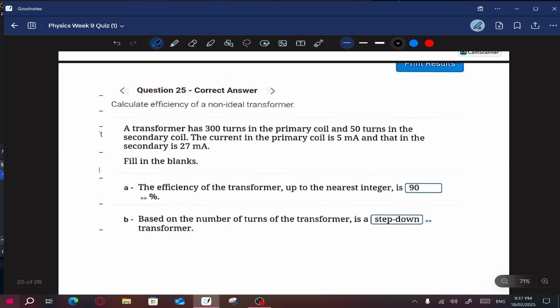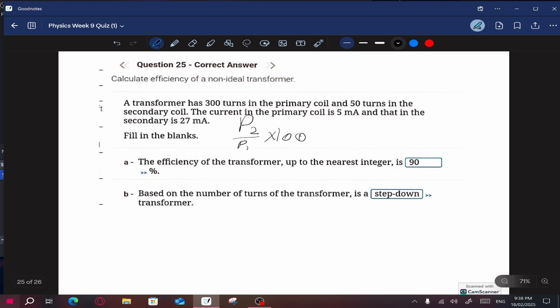Now, a transformer has 300 turns in the primary coil and 50 turns in the secondary coil. The current in the primary coil is 5 milliamperes and that in the secondary is 27. You know that efficiency is P2 over P1 times 100. Now you don't have voltage, so remember that V2 over V1 equals N2 over N1, where N is the number of turns.